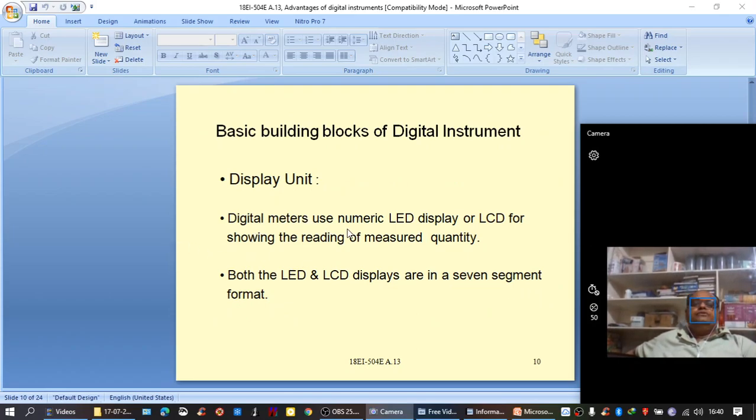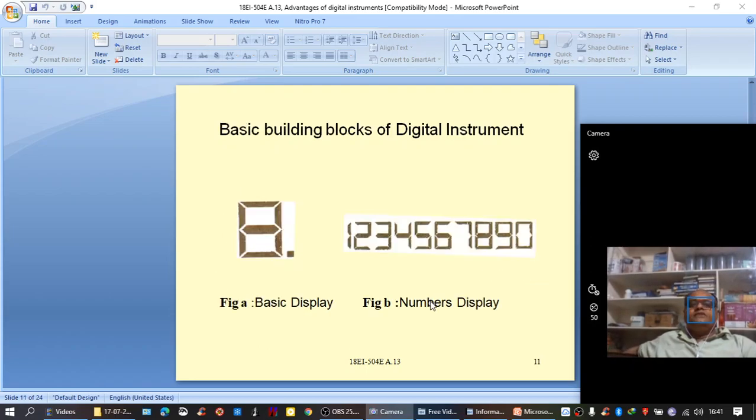Digital meters use numeric LED display or LCD display for showing the reading of measured quantity. Both the LED and LCD displays are in a 7-segment format. Now here you can see a 7-segment display.